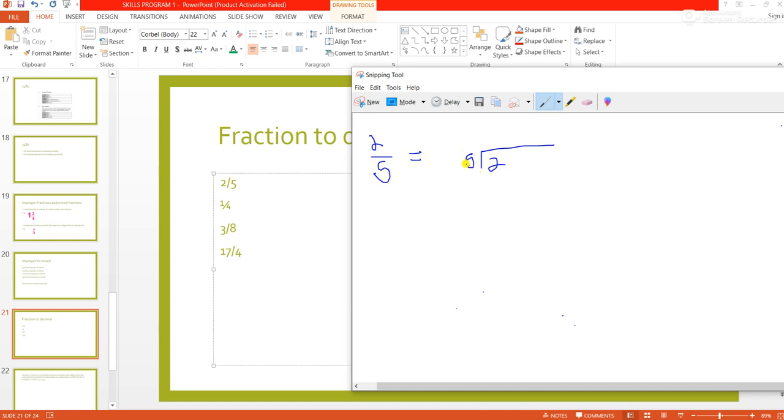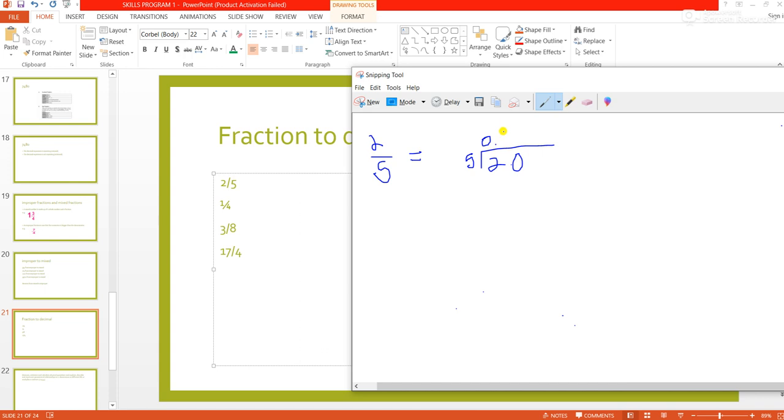The first step is, how many times does 5 get into 2? 5 getting into 2 is 0 times, and we include a 0 because we deal with decimals. So how many times does 5 get into 20? That is 4 times.